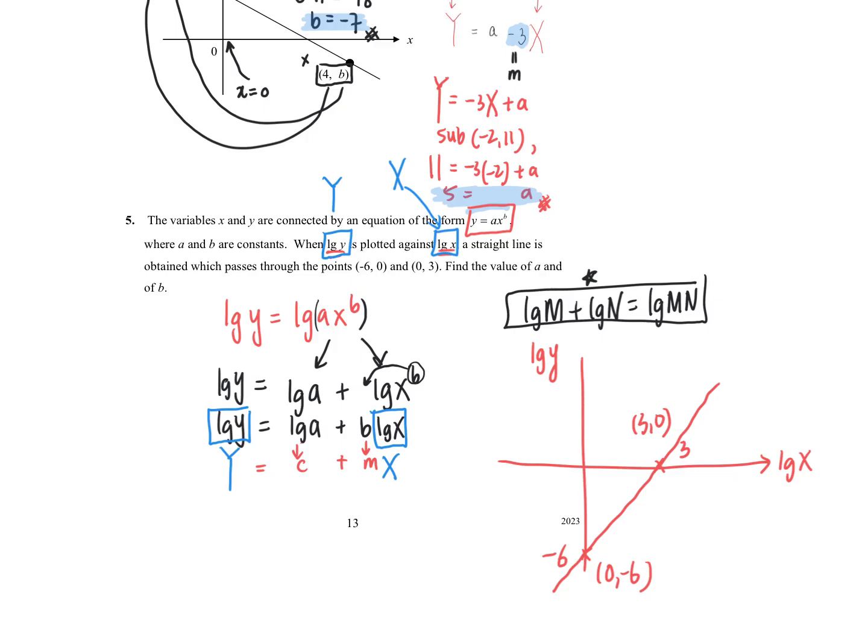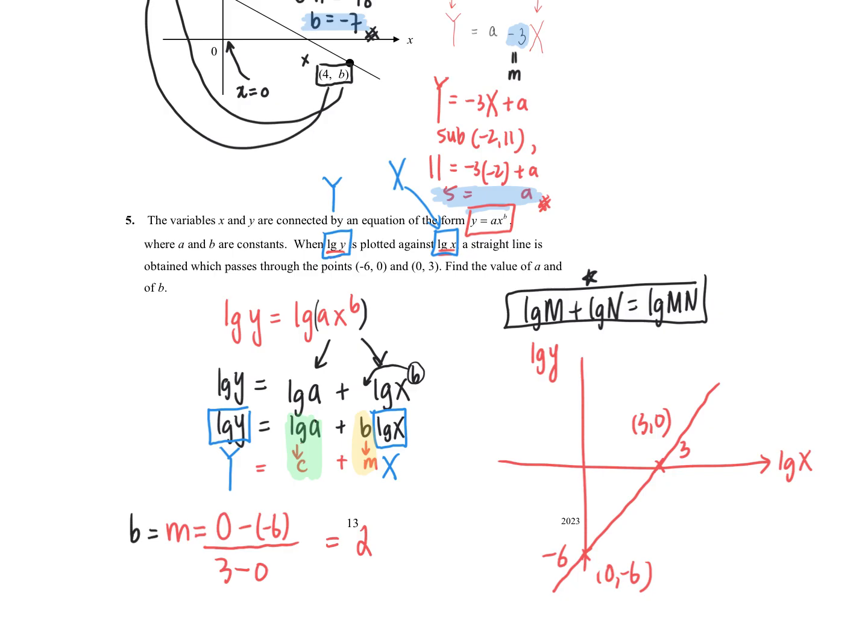First thing first, easiest one is always go and find the gradient. So y2 minus y1 over x2 minus x1. So gradient is actually the B value. Oh, I plotted the wrong point.